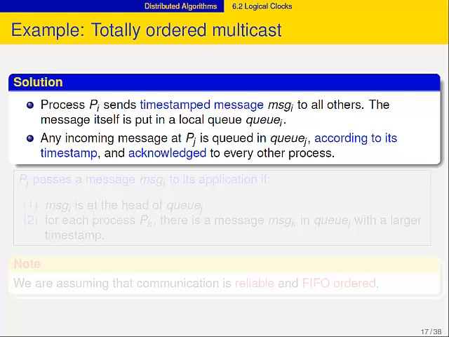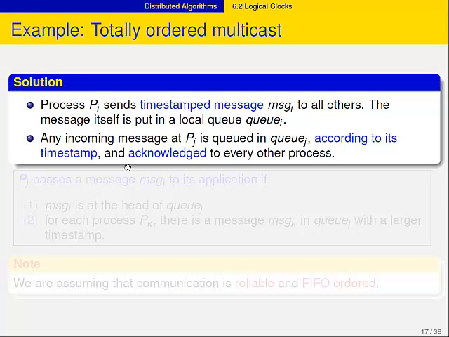The databases in these cases form the application, and it's the middleware that assigns these timestamps and keeps all kinds of administration around these messages. At a certain point, you can hand out the operation to your application, which really means you can now execute it on your database.